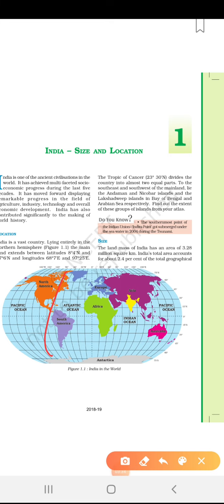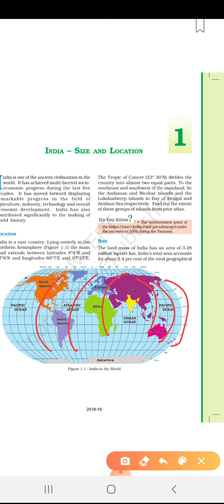These meridians run from the North Pole to the South Pole. Okay, and they are actually in a half circle, like in this half circle. So these are called longitudes.